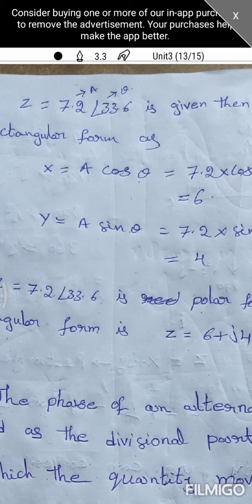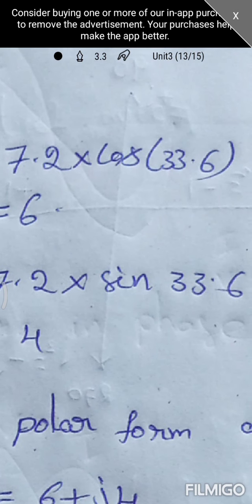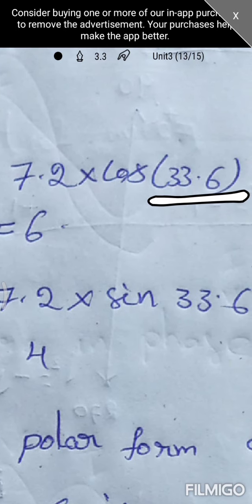Already we know the formulas. X is equal to A cos theta. A is nothing but magnitude and theta is nothing but the phase angle. If we substitute these values, that means A is 7.2 and theta is equal to 33.6. If you simplify these values, we get 6.